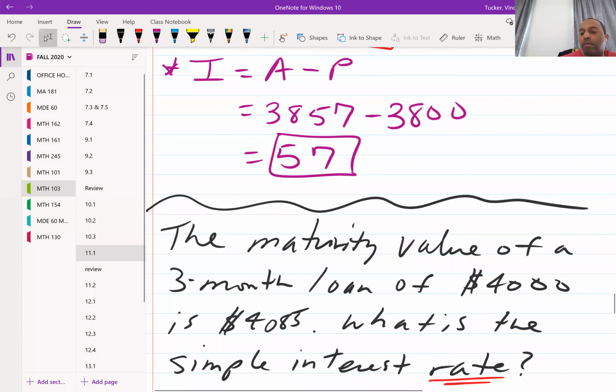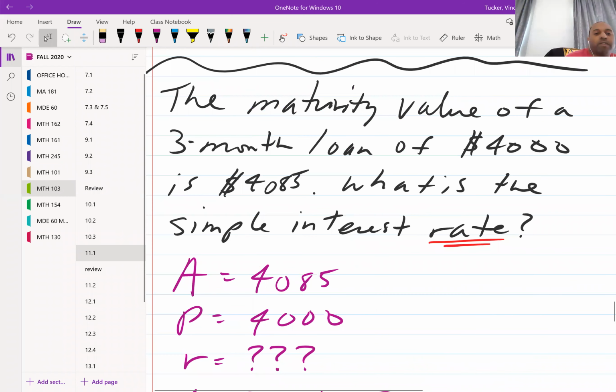One more problem out of this section, then we'll go to the next. It says the maturity value of a 3-month loan of $4,000 is $4,085. What is the simple interest rate? So this time they give us the future value, the principal, and the time, but they do not give us the rate.